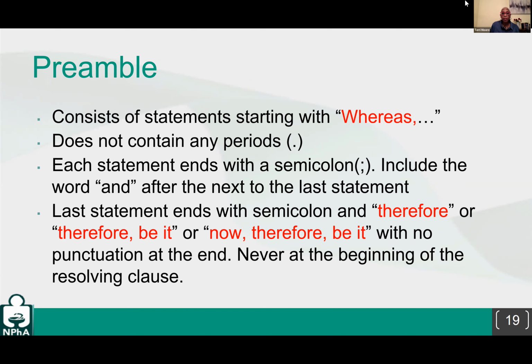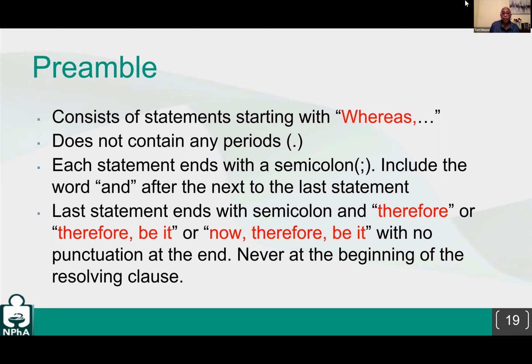And if there's a series of clauses, then it would include the word and after the series of semicolons. When you get to the next to the last statement of the whereas series, you would put the word and.